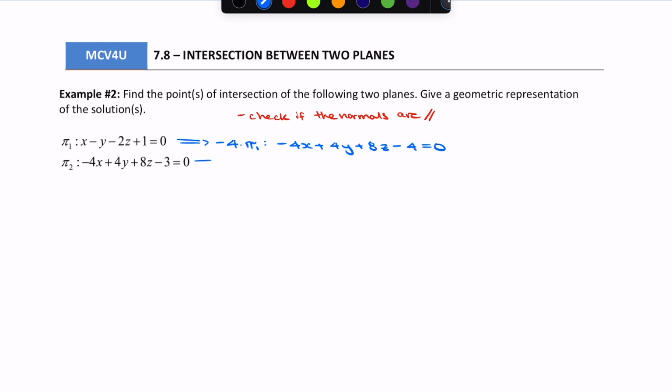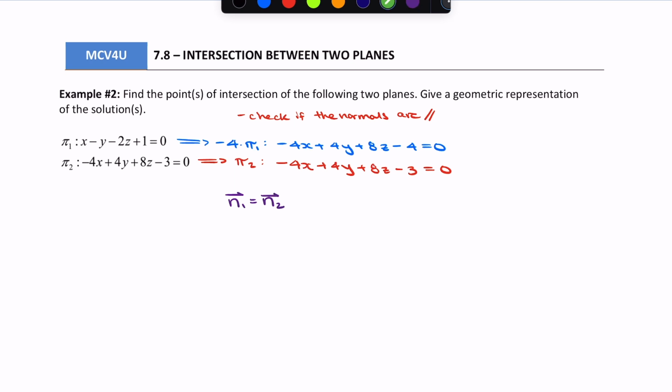And our second plane equation will be -4x plus 4y plus 8z minus 3 is equal to 0. So here we see that our normals will be the same, so normal 1 is equal to normal 2.